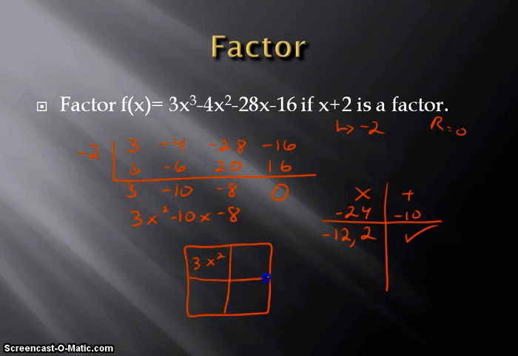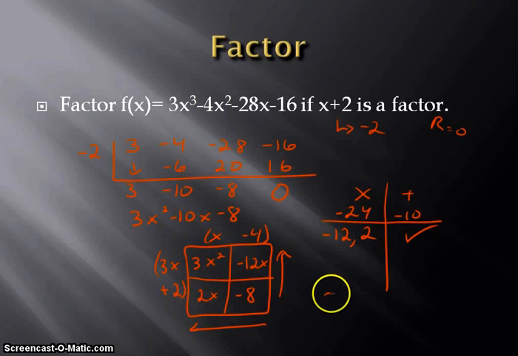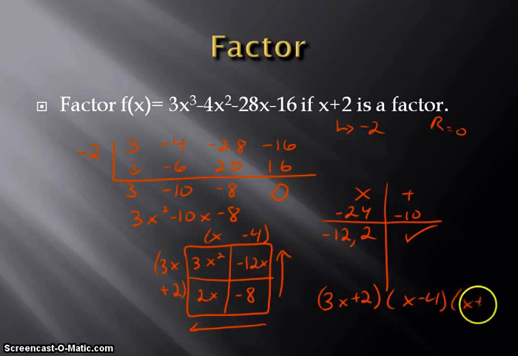You can use whatever method you feel best. So from here, I know my other factors are 3x plus 2 and x minus 4. And then I have my x plus 2 from my beginning.